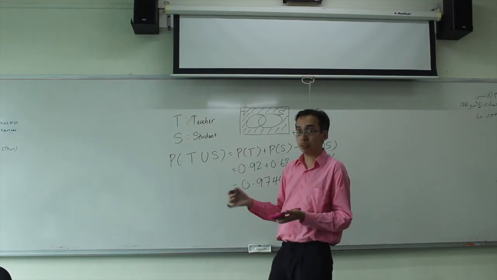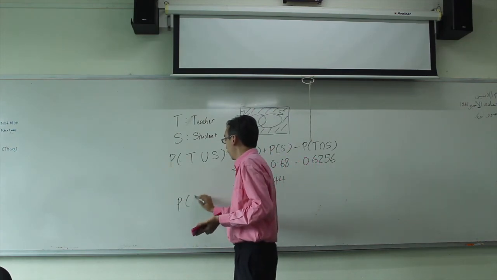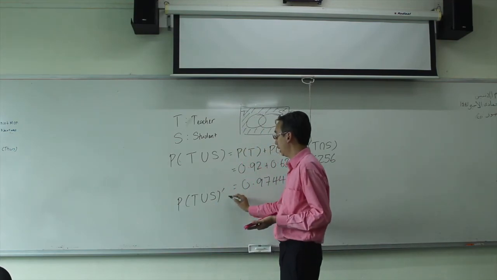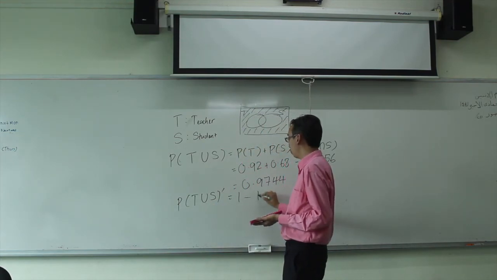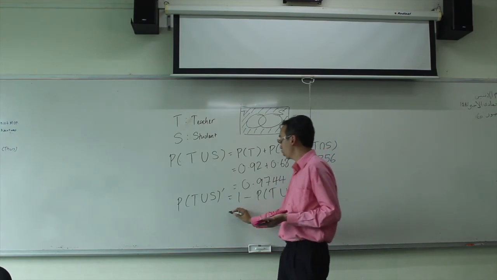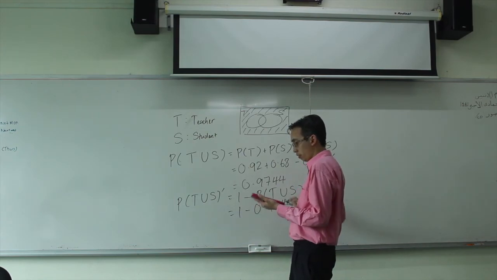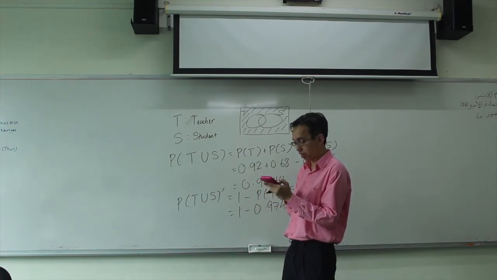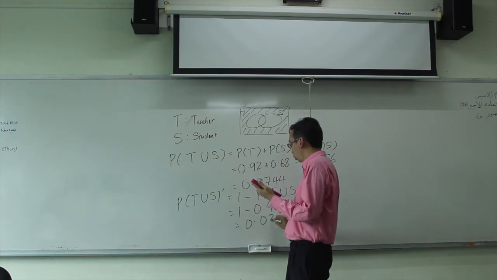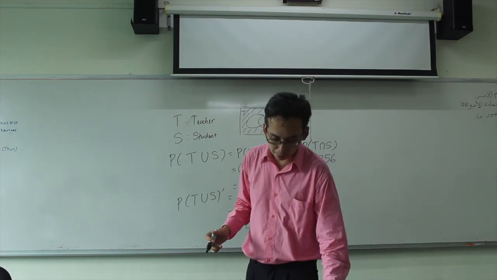But what we want is both copiers not working, so it's the complement of T union S, which is 1 minus probability of T union S. So 1 minus 0.9744 gives 0.0256. That's how you do part B.